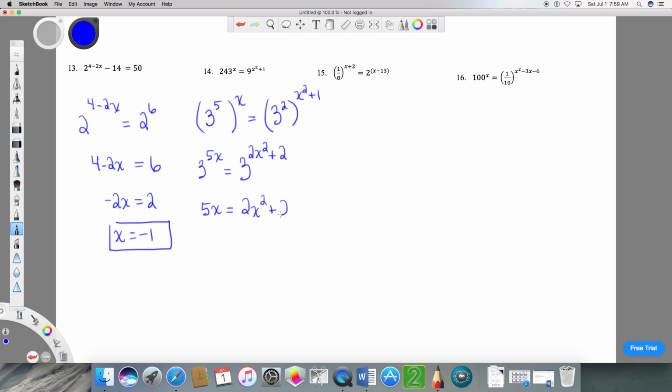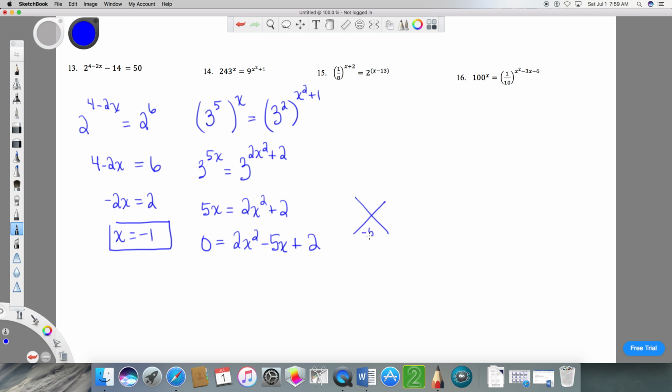For a quadratic equation, let's get it set equal to 0. And we know that we can always solve this by completing the square or the quadratic formula, and many times we can factor it as well. If we try to factor it here, let's see what we have.